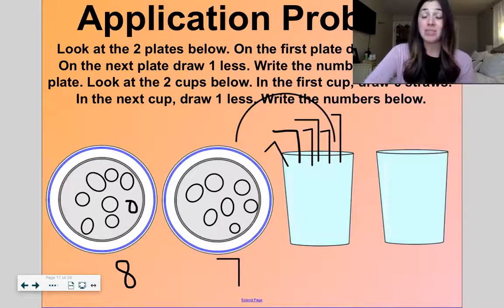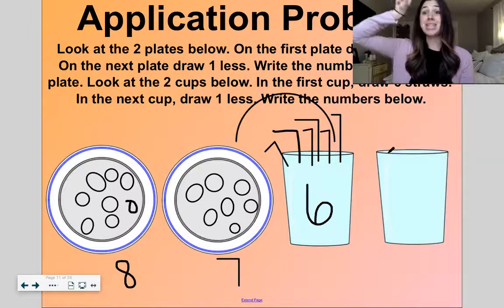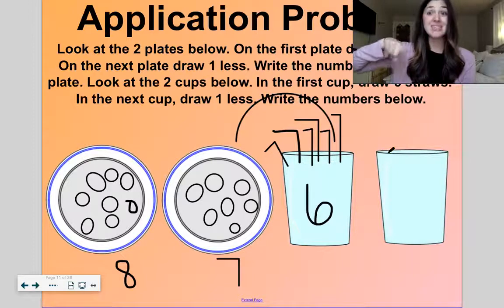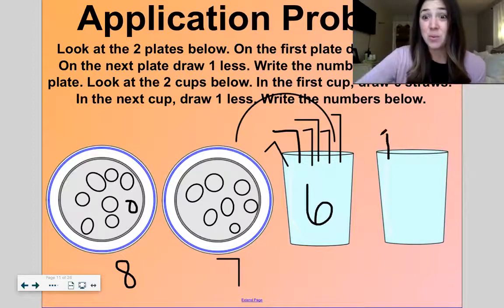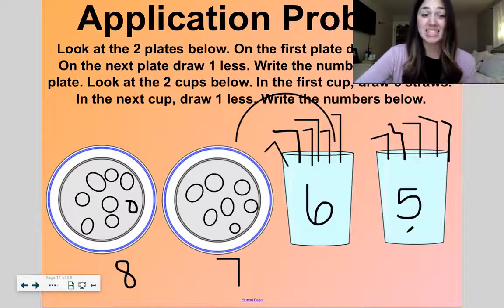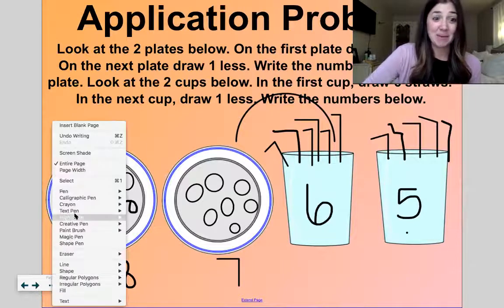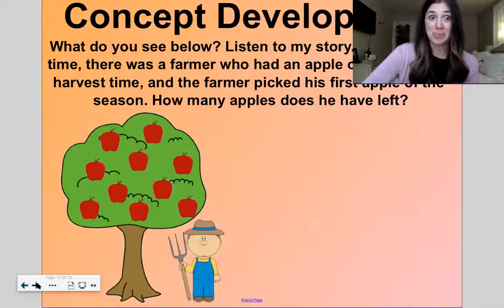Okay, now in the next cup, let's draw one less. So 6. One less. What number comes right before 6? 5. 1, 2, 3, 4, 5. 6. One less is 5. Good work.